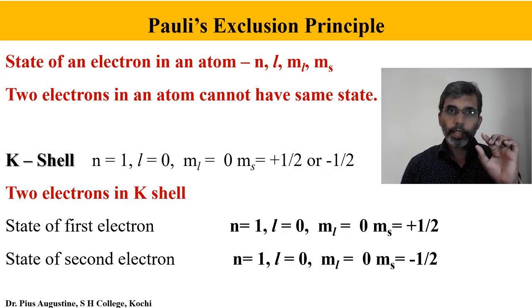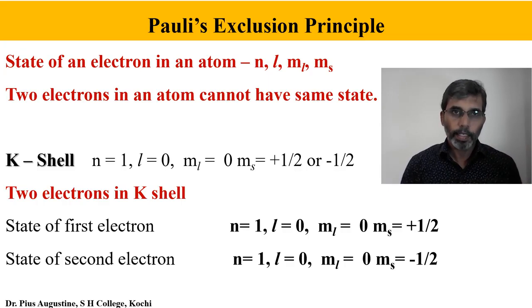There comes the importance of coupling or mixing, which we will analyze in detail in the next session. Today we will be focusing our attention on the distribution of electrons. In an atom, the state of an electron is specified in terms of 4 quantum numbers. We call them n, L, ml and ms.